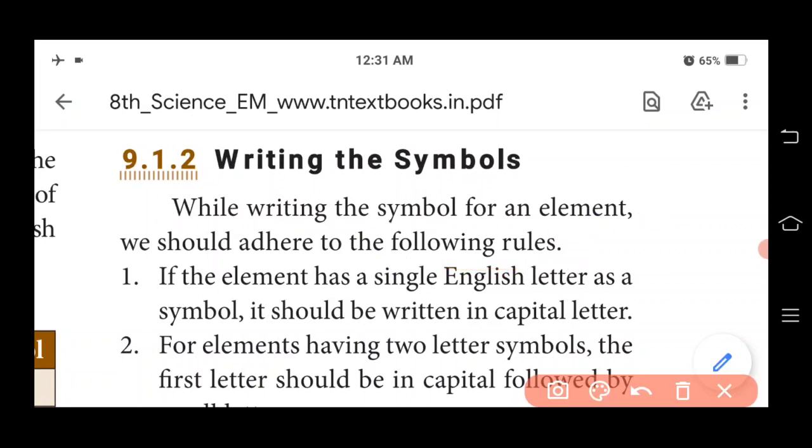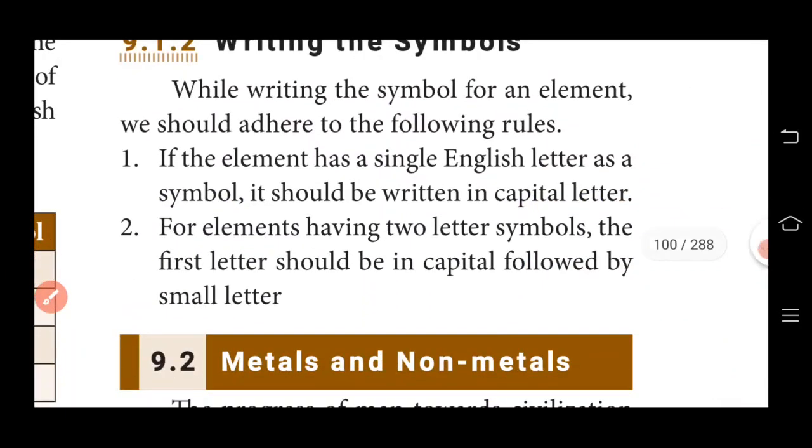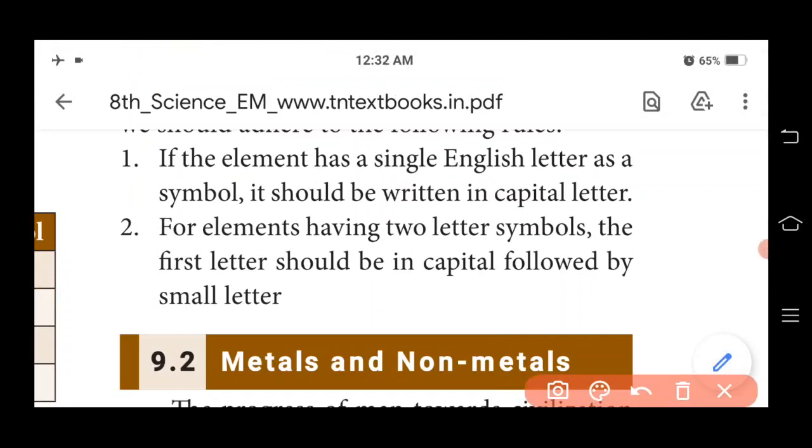If the element has a single English letter as a symbol, it should be written in a capital letter. And then the second rule: for elements having two-letter symbols, the first letter should be in capital followed by the small letter. These two rules are very, very important.